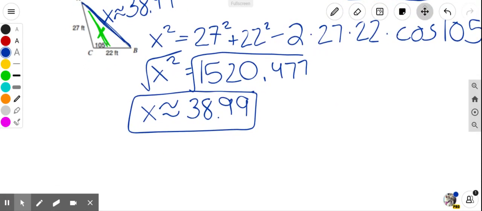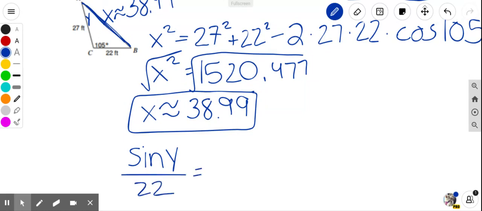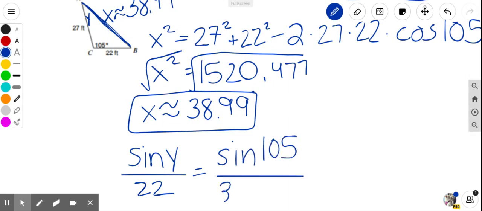Do it down here. So for law of sines, remember, if I'm going to say that this is my y, actually, let me get rid of these little lines inside. If A is y, it's going to be sine of y over 22 equals sine of 105 over 38.99.